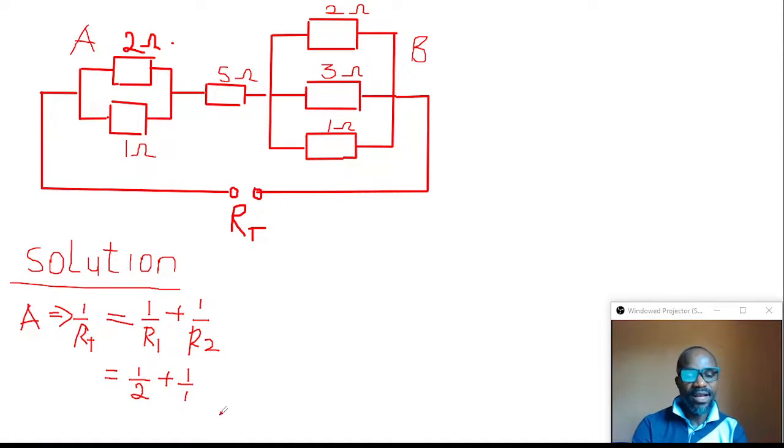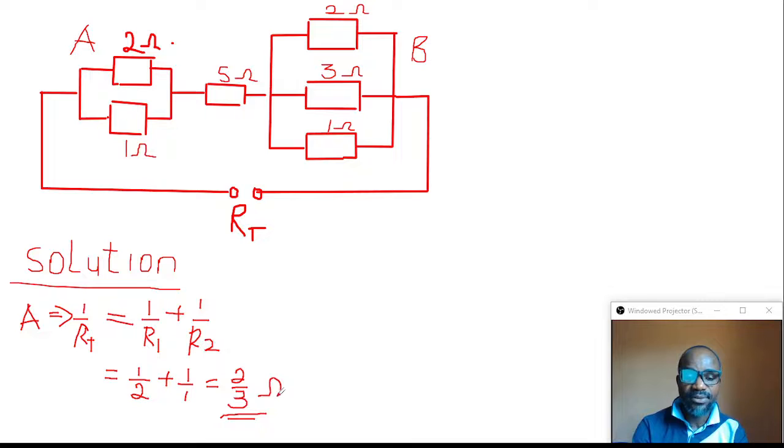If we calculate this, it is very simple. It's going to give us a total of 2 all over 3. That is the total resistance here, and it is measured in ohms.